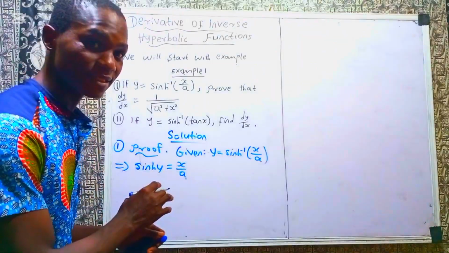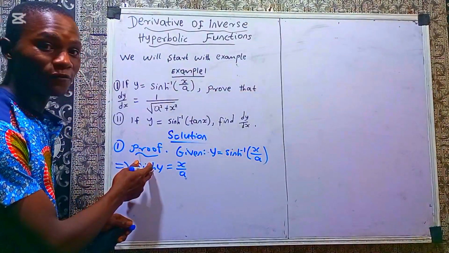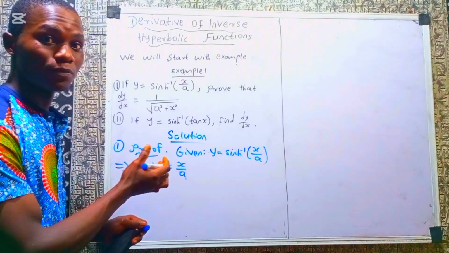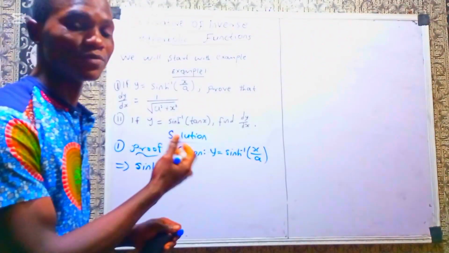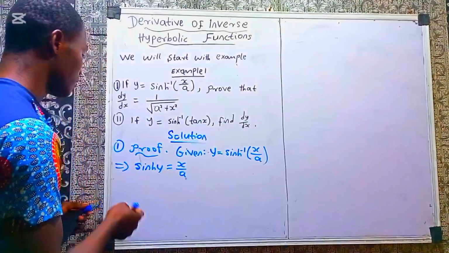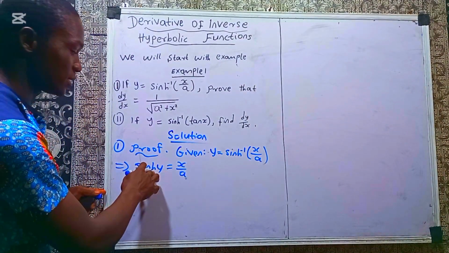If you want to write this hyperbolic sine, don't forget to put your h after spelling sine. If you do not put your h, it means what you wrote down is the normal trigonometric sine function. So for the hyperbolic sine function, we'll put this h.